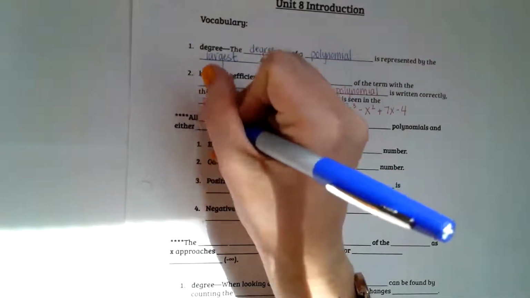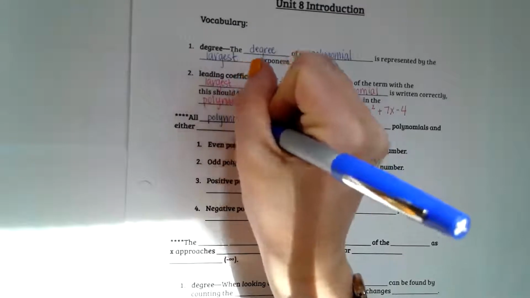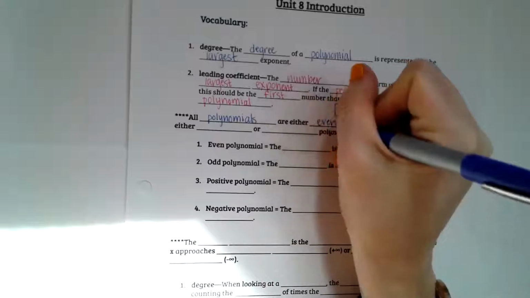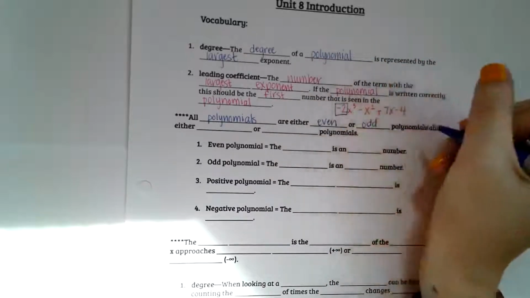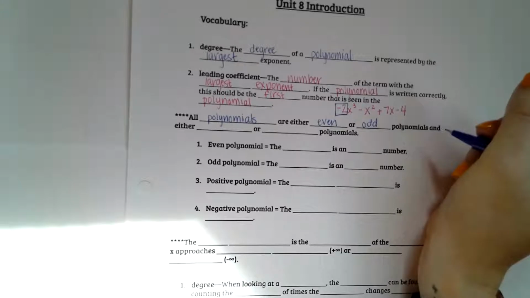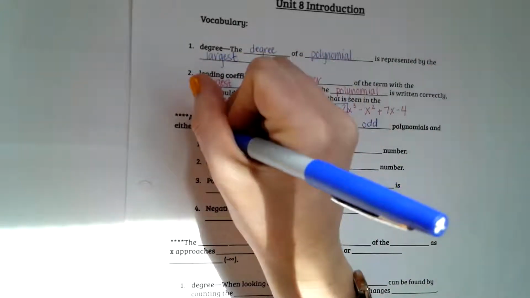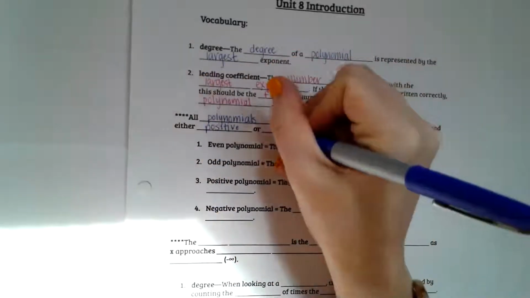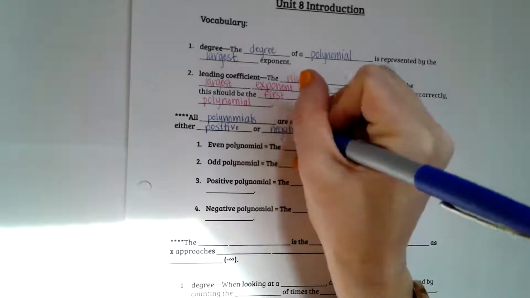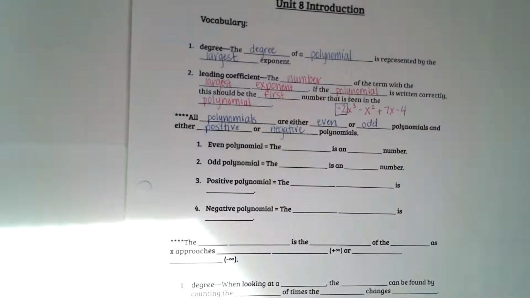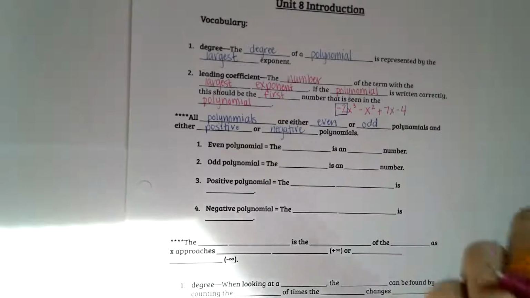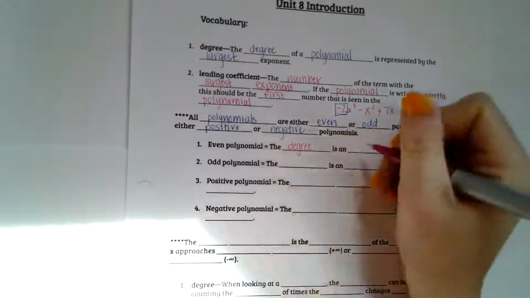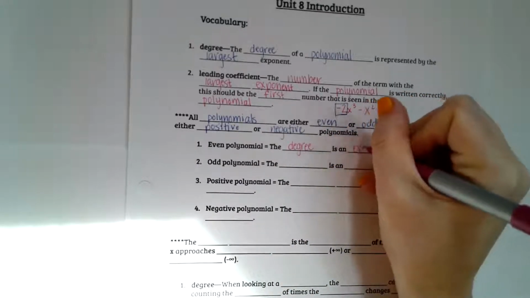So all polynomials are either even or odd polynomials, and they're also either positive or negative polynomials. So for an even polynomial, the degree is an even number.